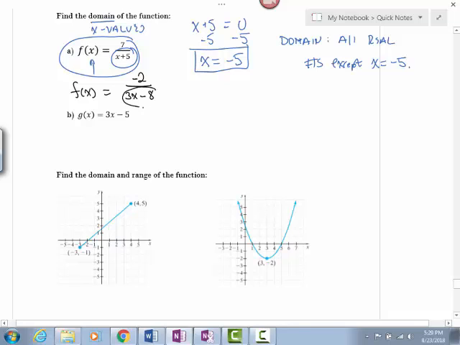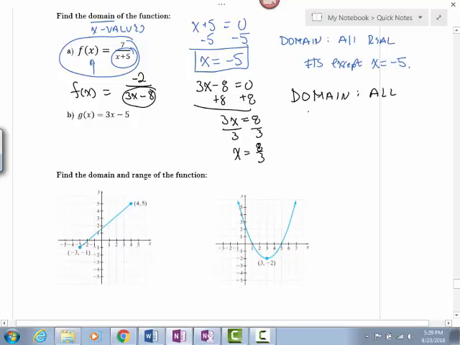I would just simply look at the bottom. 3x minus 8 equals 0. I would add 8 to both sides. 3x equals 8. I would divide both sides by 3, and I would get x equals 8/3. So then my domain would be all real numbers except x is equal to 8/3. Okay?